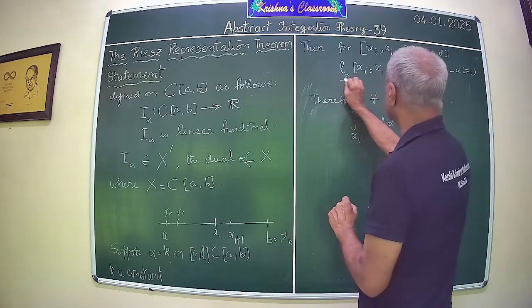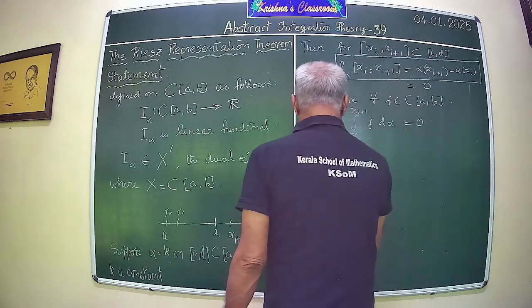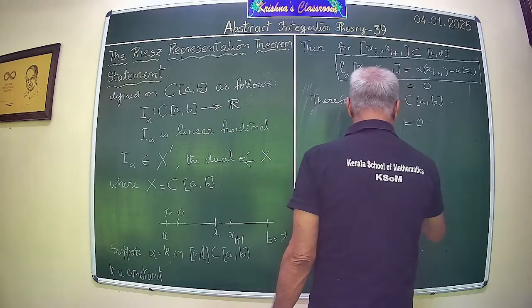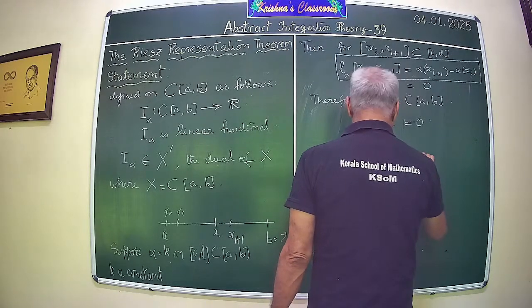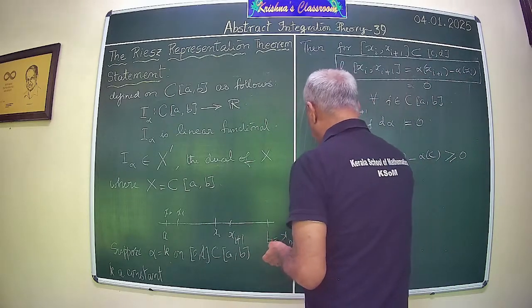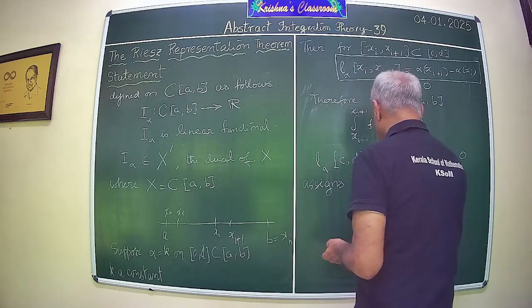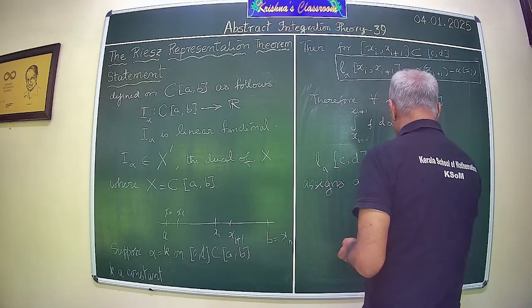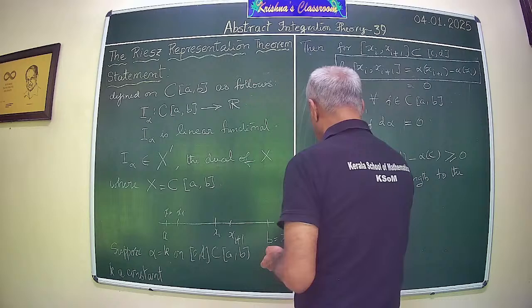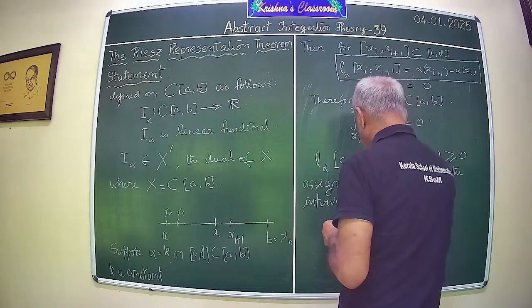What is this? See, L alpha of CD, defined as alpha D minus alpha C, which is greater than or equal to 0, assigns a new length to the interval CD.